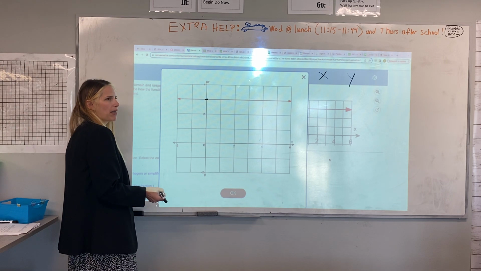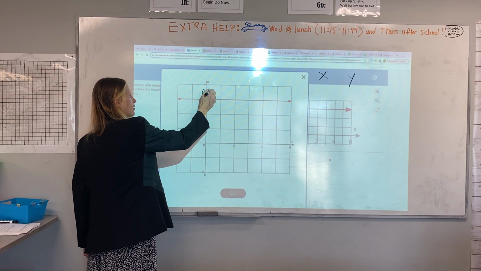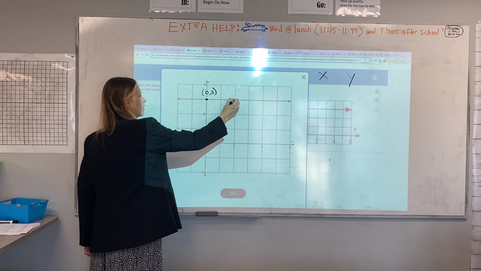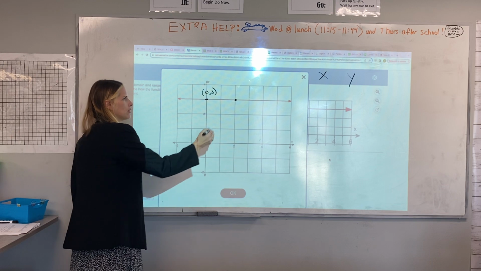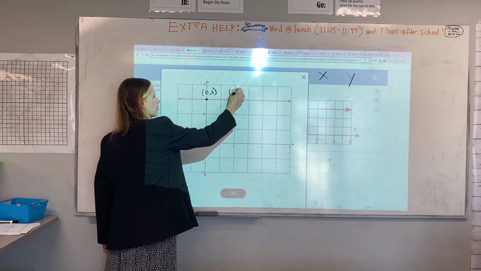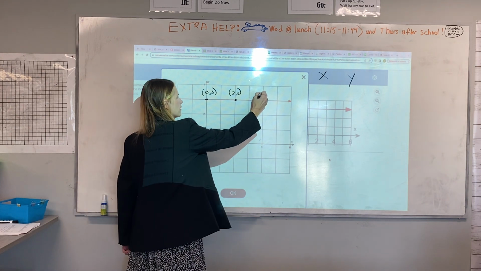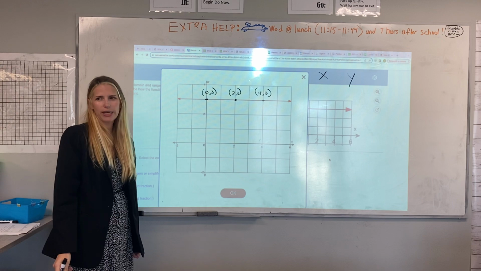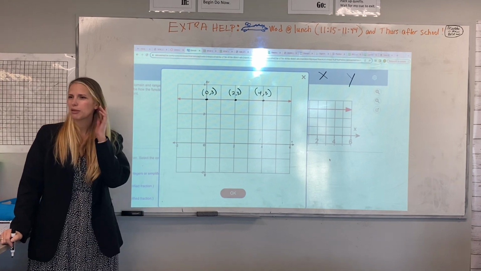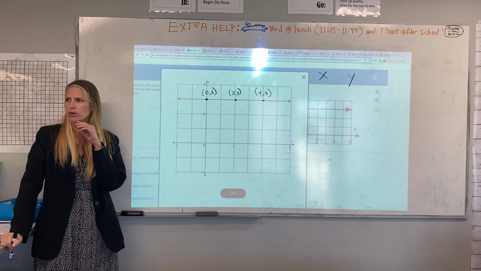What's that coordinate pair? 0, 3 is correct. What's this one? 2, 3. What's this one? 4, 3. If I keep going and going and asking you for more coordinate pairs, what are all your outputs? Your y values would be 3.